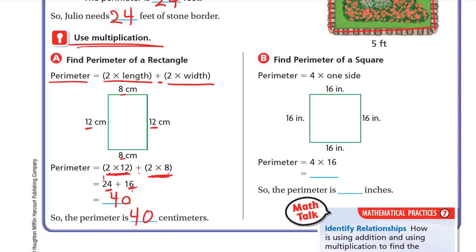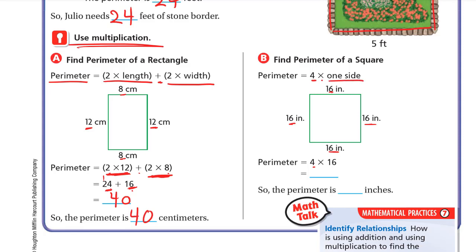Okay, here we need the perimeter of a square. We know that the square is a rectangle, but all of its sides are equal. So here, all of the sides are 16, 16, 16, 16. So instead of adding the 16 4 times, or adding the side 4 times, we can make it 4 times one side.